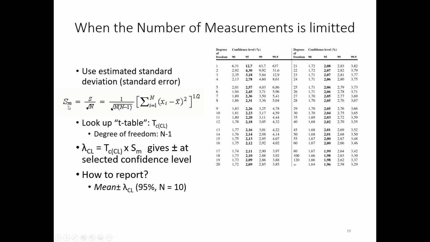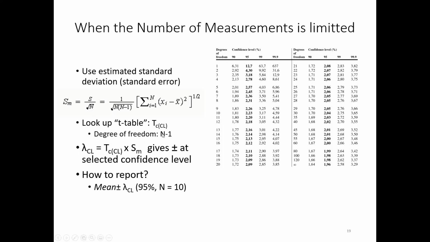So the SM is the standard error that equals the standard deviation divided by the square root of the number of events.